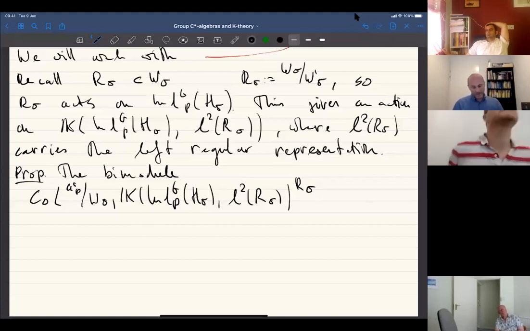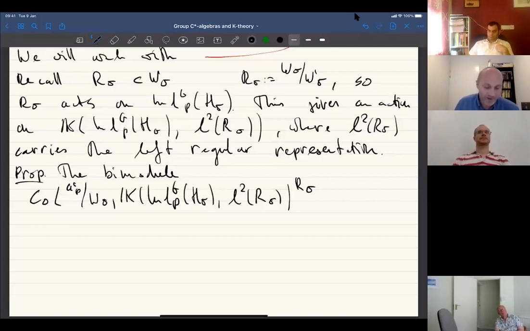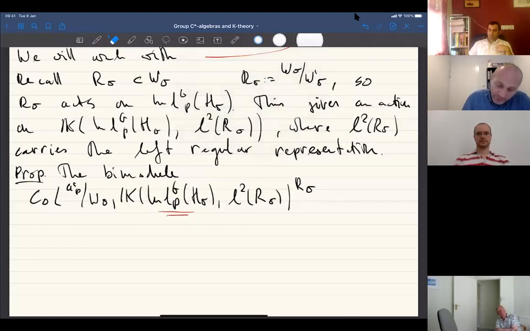But the idea is that the compact operators from one space to another carry two actions, one from the left and one from the right, by compact operators on either Hilbert space. So the compact operators on this space act on this set of compact operators from the left and here from the right.